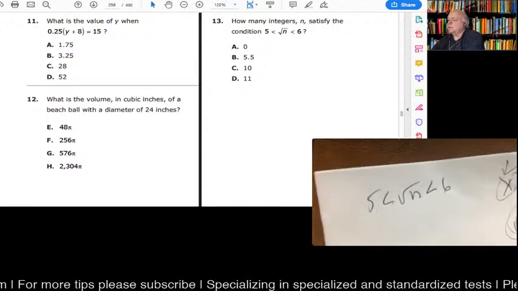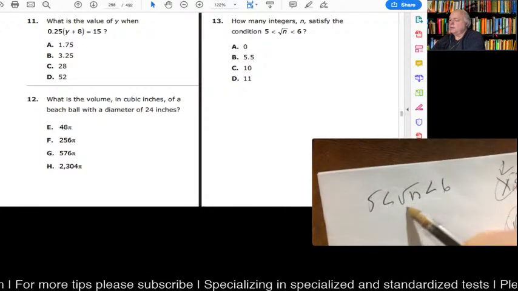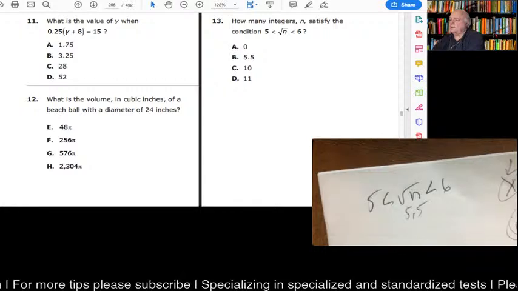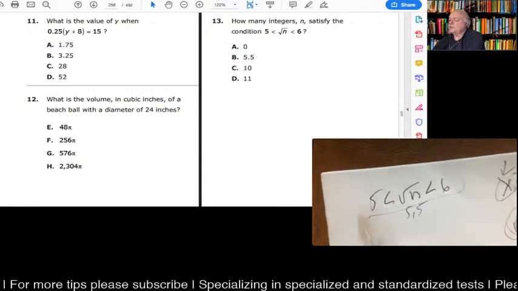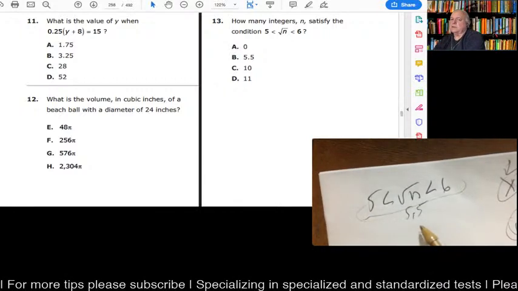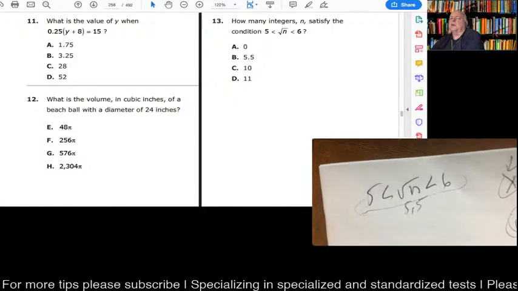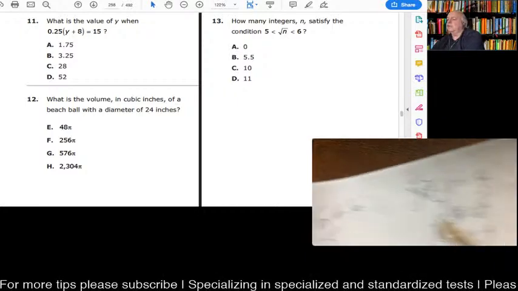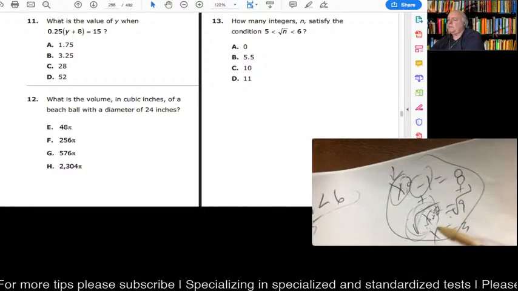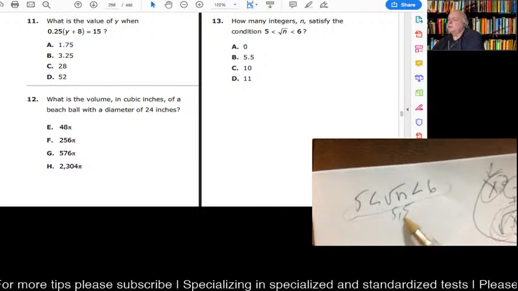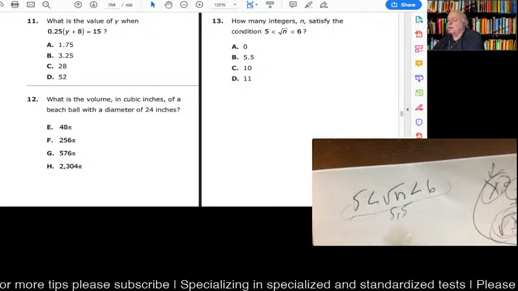So a lot of kids start melting here, and they think they're trying to put 5.5 here, because most kids have never seen anything like this before. So for 13, this is actually a hard question, because it throws a lot of kids, like, whoa. And even though they could follow this, some kids haven't a clue. And I work with too many kids on a problem like this.